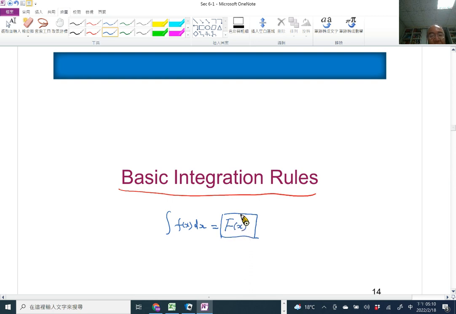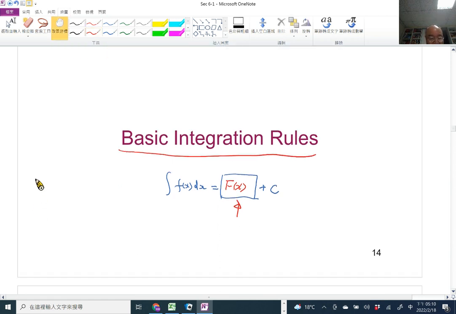That is, we are going to find one capital F of x and fit it into this box, and then we are going to add a constant c here. Let me use the red color. So this is really the major job: we are going to find capital F of x for any given function f.